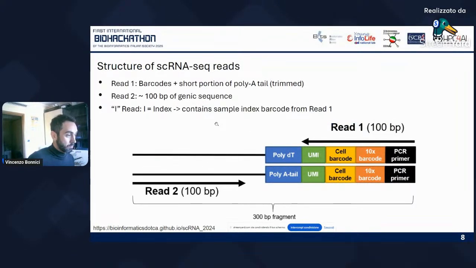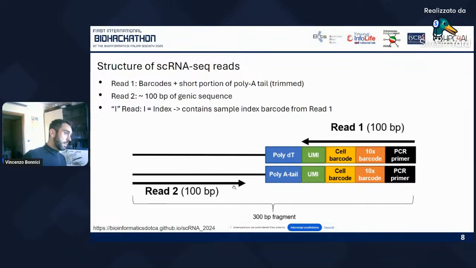Many of the recent technologies, especially 10x and so forth, have this type of sequencing structure. It's paired-end reads. You have two reads in the two directions. Usually read one is 100 base pairs, and it contains the UMI, the cell barcode, the PCR primer, and all that is needed to identify the specific transcript in that specific cell in that specific sample that you loaded into your machine.